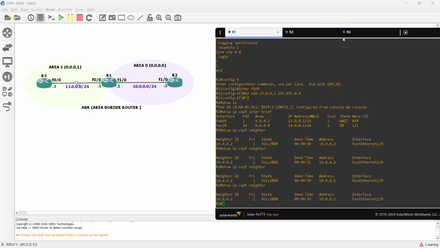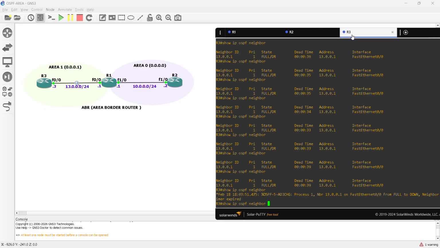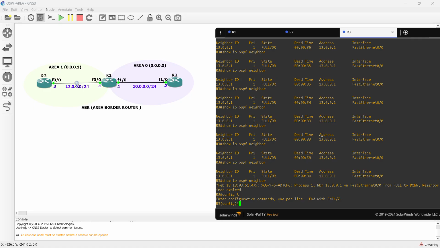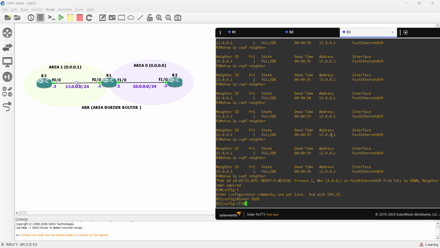Let's make both of the routers the same. For that I'll go to R3 and I will reconfigure it. Configure terminal, interface 0/0.